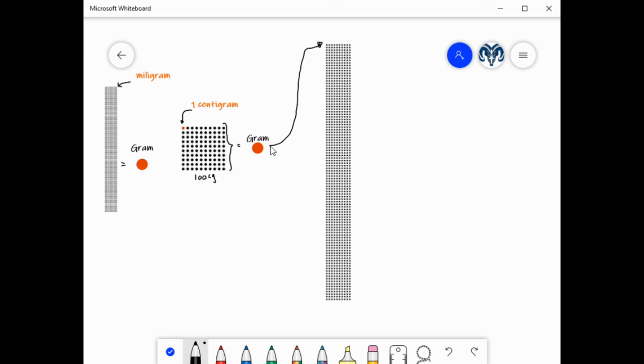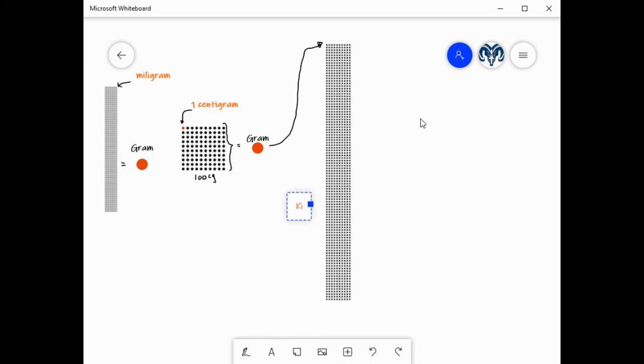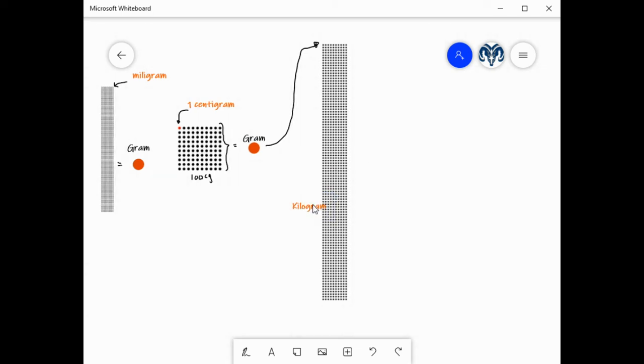So each dot equals a gram. Here I've got 1,000 dots, and so this is going to be a kilogram. This is a kilogram.